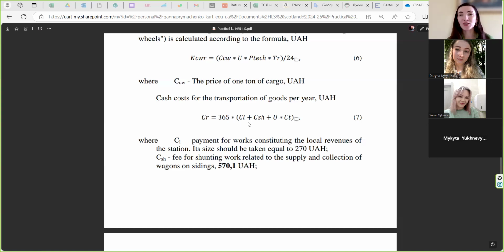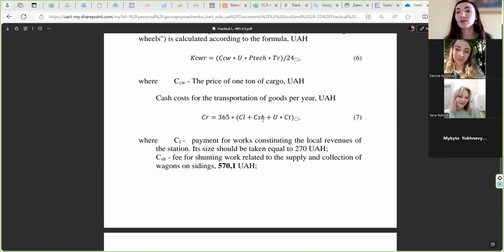It is the payment for works constituting the local revenue of the station. It should be taken equal to 270 hryvnias for each side. So for all variants, this parameter is equal to 270 hryvnias. Please write it as the first parameter after opening the brackets, and add our next parameter.